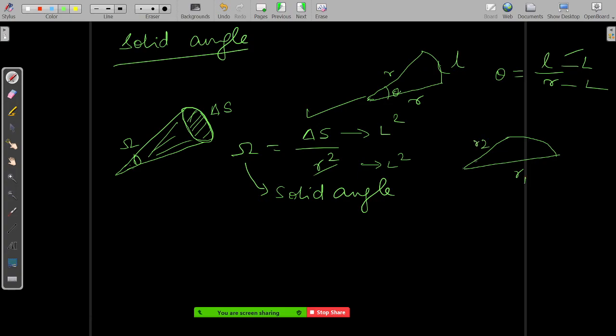Then we want to find the angle subtended here. So what we basically do is take the component of this particular arc. Let's say this is the perpendicular direction. So this is your arc length L.